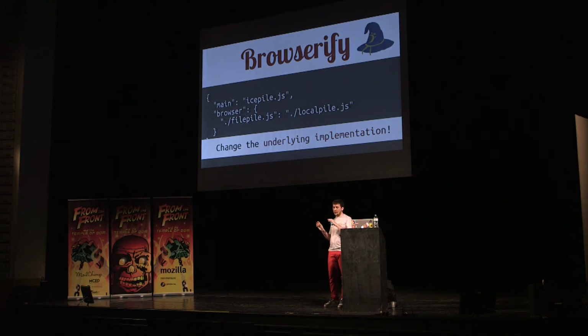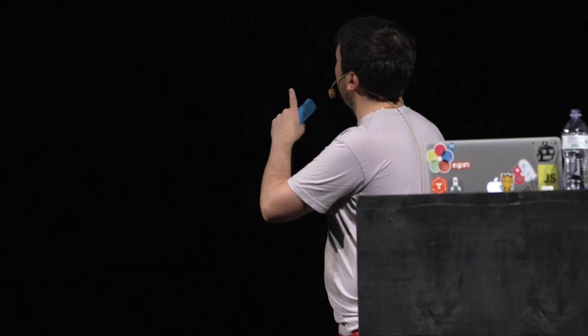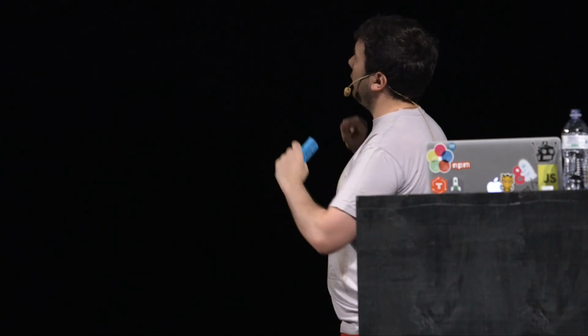And this really means that when browserify is parsing through my require statements, when it finds the local pile.js statement, it's going to use the other one. And that means that it's going to be able to compile my server-side implementation into a client-side one.